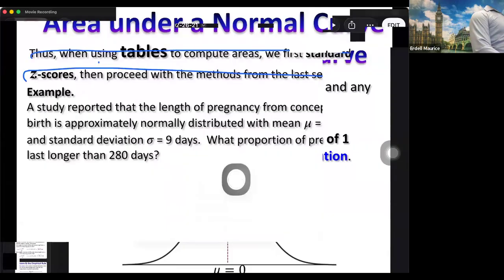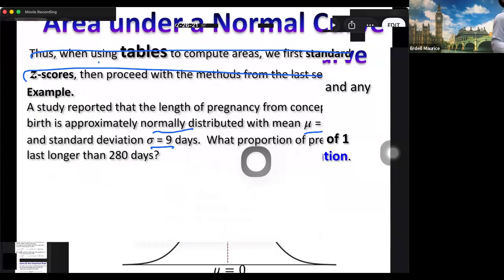A study reported that the length of pregnancy from conception to birth is approximately normally distributed with a mean of 272 days and a standard deviation of 9 days. What proportion? When you see the word proportion, it's also asking what's the probability. The two words are interchangeable, okay? Because it's out of 100%. So if I take a proportion out of 100%, I'm still giving you a probability.